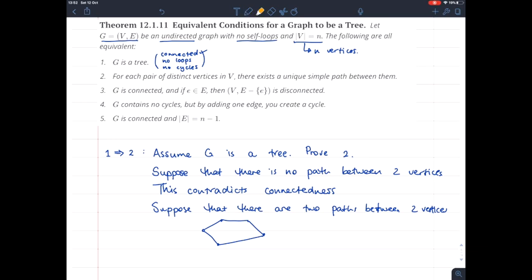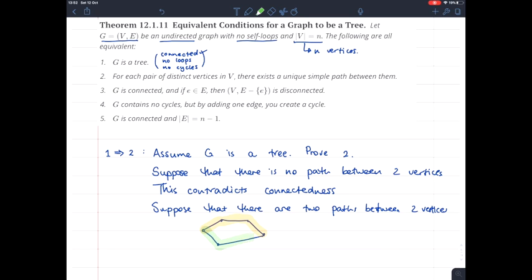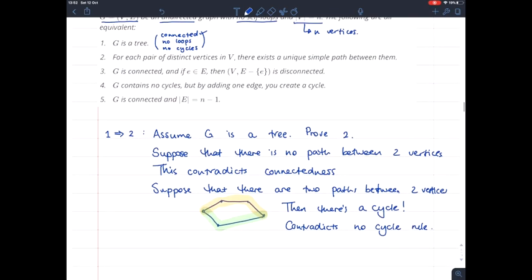So here's a path and here's another path. Well, that contradicts that our G was a tree because it's supposed to have no cycles. So this contradicts our no cycle rule.